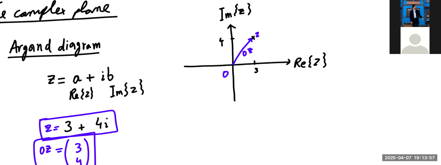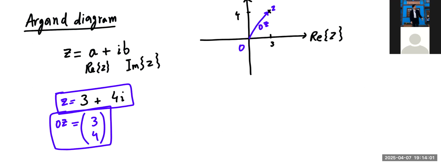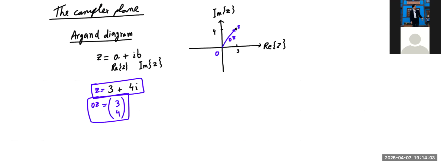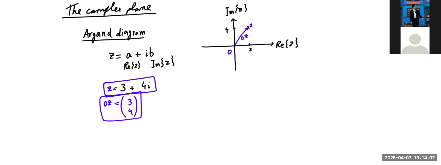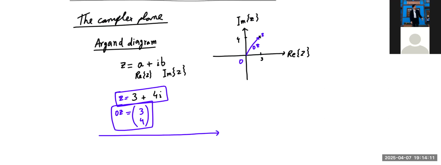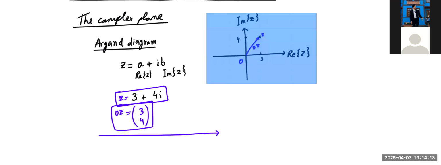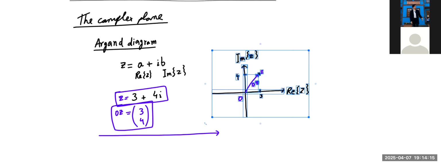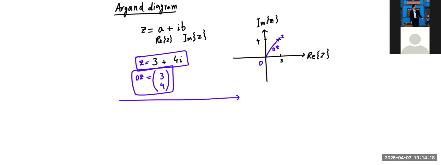However, let's try to think about it a bit more. Now that we've put it on this kind of XY axis situation, maybe we can define some properties of a complex number from this. What do I mean? We can define the length of a complex number, which we call the modulus of it.